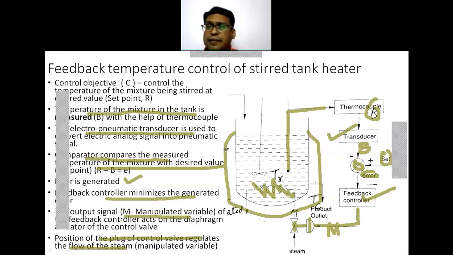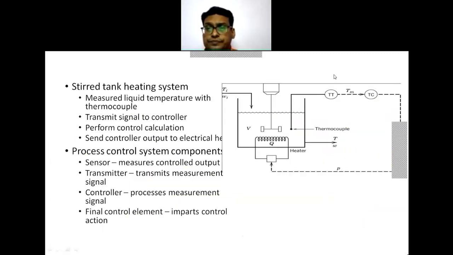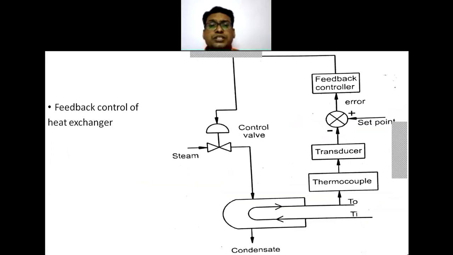Then there can be a chemical reaction that can take place. Then there can be a simple heat exchanger. So this is to be applied to different systems now. So this is the feedback control of a heat exchanger.